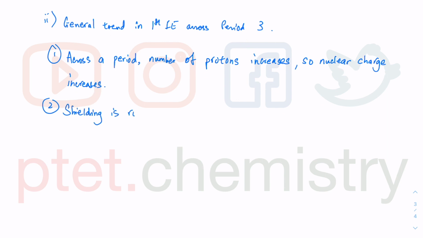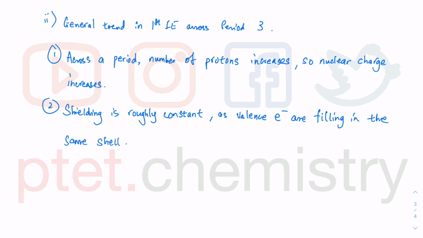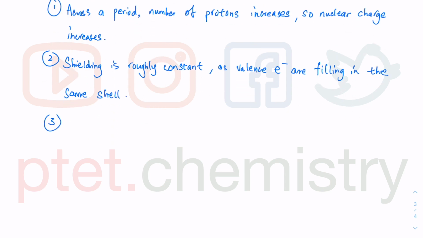You can imagine sitting in a cinema, if you are sitting in the same row and the people in front of you are the same, you roughly experience the same blockage from the screen. Shielding is roughly constant as valence electrons are filling in the same shell. You have pretty much the same explanation even if you're explaining the general ionization energy across the second period.